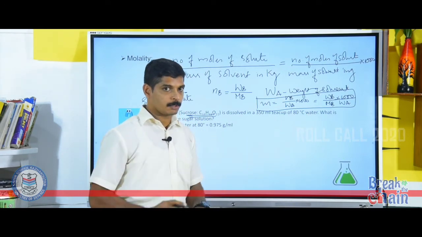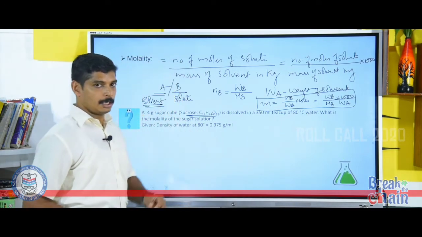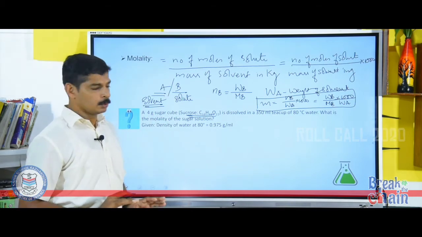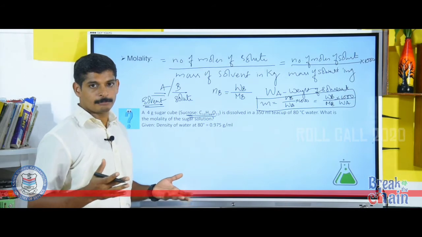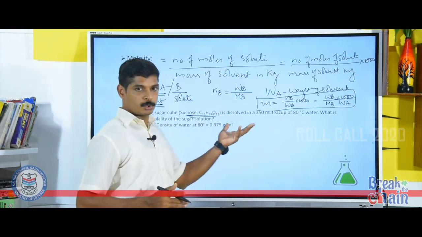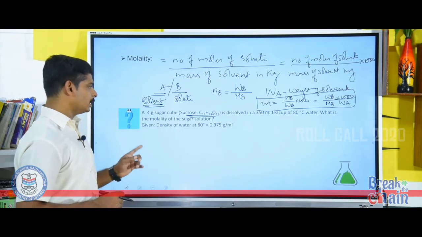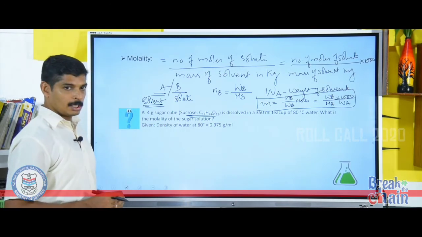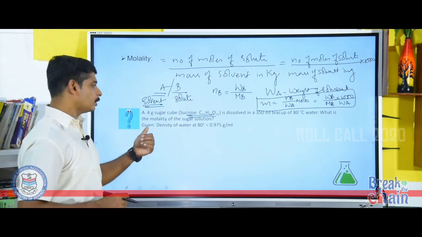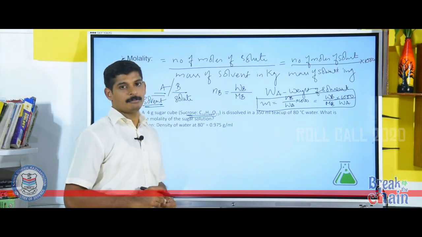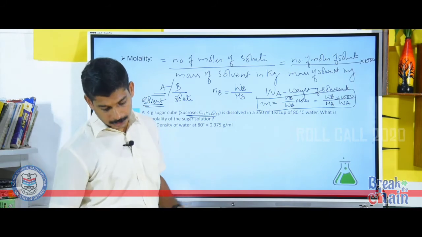So, the temperature is given 80 degrees Celsius, and in that tea you added 4 gram of sugar whose molecular formula is given, that is C12H22O11. What is the molality of the sugar solution? And you are also given the density of water at 80 degrees Celsius as 0.975 gram.